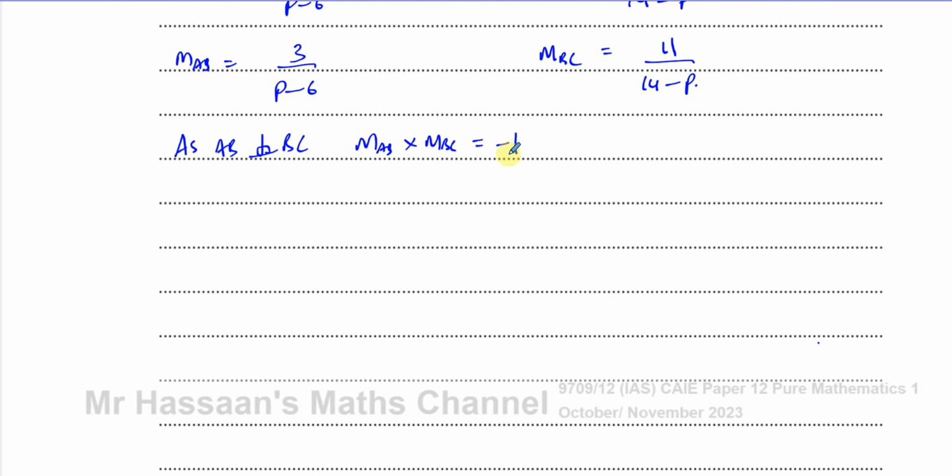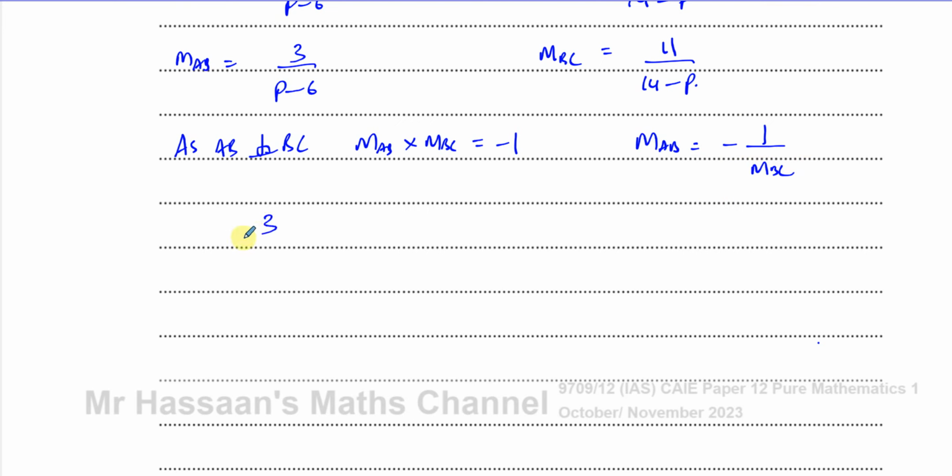Or, which follows on from this, the gradient of AB is equal to -1 over the gradient of BC. So basically the gradient of AB is the negative reciprocal of BC, or vice versa. I think this is probably an easier way of sorting this out.